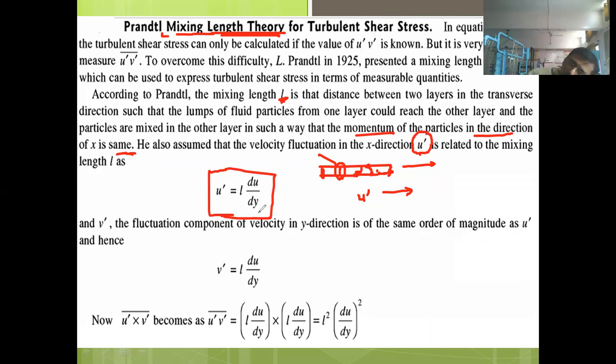Similarly, v dash, the fluctuating component of the velocity in the y direction, is of the same order of magnitude as u dash, and hence v dash he has also given as L into du by dy. That means the equations for both are nearly the same.